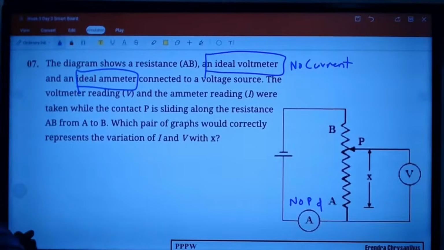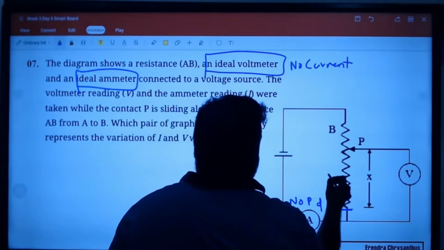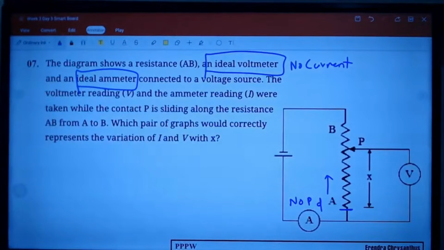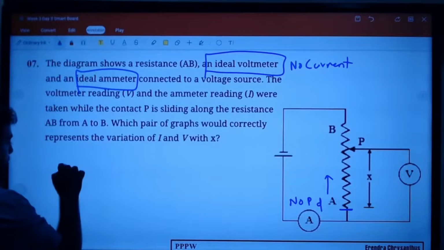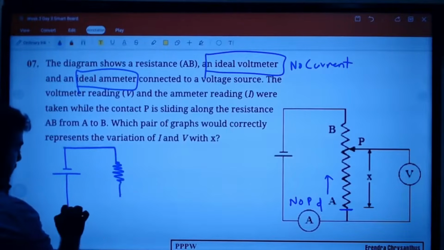While contact P is sliding from A to B, which pair of graphs would correctly represent the variation of I and V with x? So first let's look at this. The resistor is there.